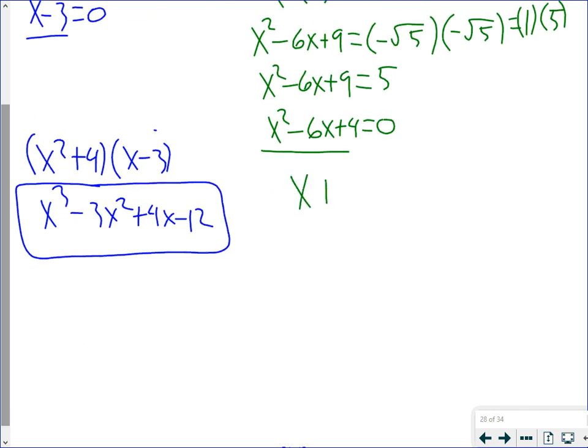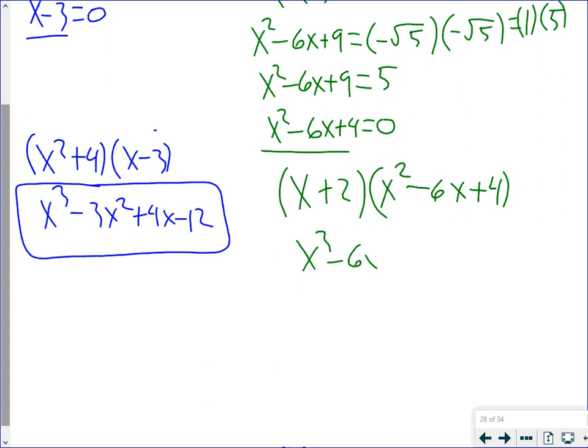So we have x plus 2 multiplied with x squared minus 6x plus 4. All right, we're going to multiply it all out. We get x cubed minus 6x squared plus 4x plus 2x squared minus 12x plus 8.